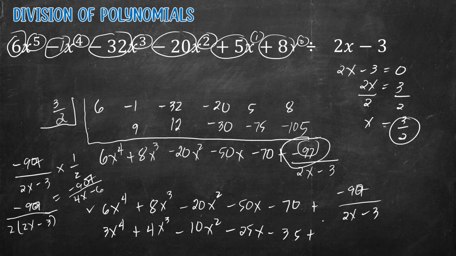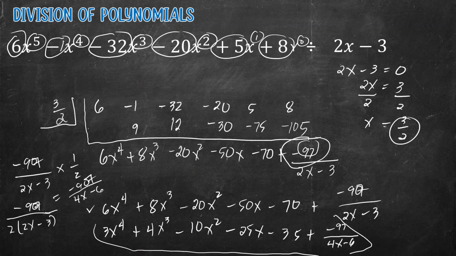Ayan. So, we have plus negative 97 over 4x minus 6. So, ito na yung final answer natin. Pwede naman na ito na yung final answer natin para hindi na kayo mahirapan. Okay, nire-write ko lang siya into another form para mas magiging maliit yung mga values natin.